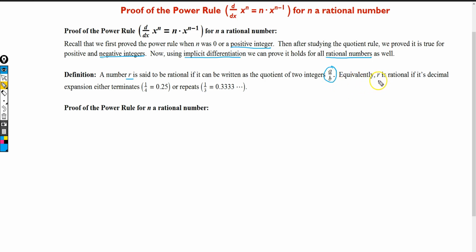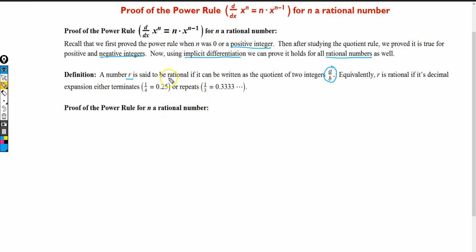Equivalently, r is rational if its decimal expansion either terminates, like 1/4, which is 0.25 and then stops, or it repeats, like 1/3, which is 0.3333 and just keeps going. It is possible to show that a repeating decimal can be written as the quotient of two integers. We're not going to do that now, but that is a fact.